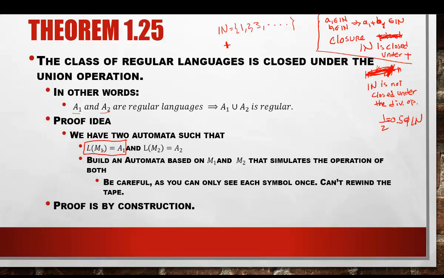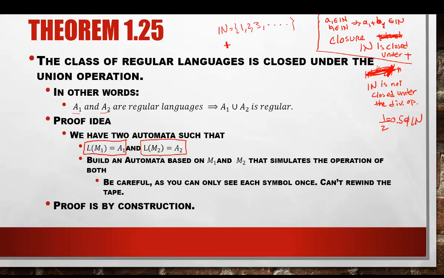Meaning that M sub 1 recognizes A sub 1. And since A sub 2 was regular, there is an automaton that recognizes it, and M sub 2 is that automaton. Mathematically, we say L of M sub 2 is equal to A sub 2. The language of M sub 2 is A sub 2. Okay?